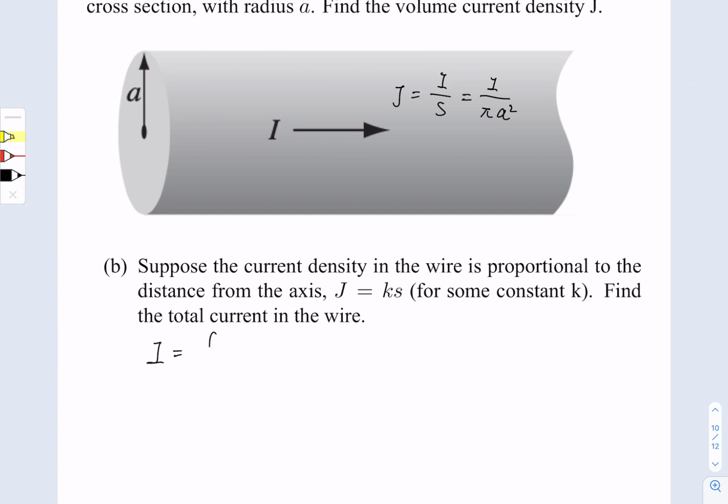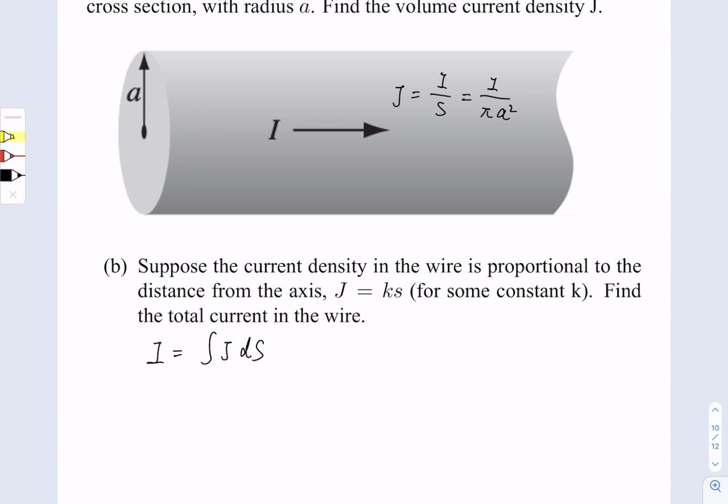So I should be the integral of J dS, over the surface. I don't exactly remember the symbols for the unit surface.